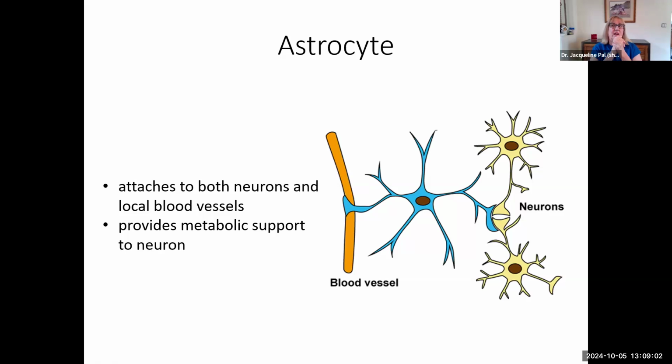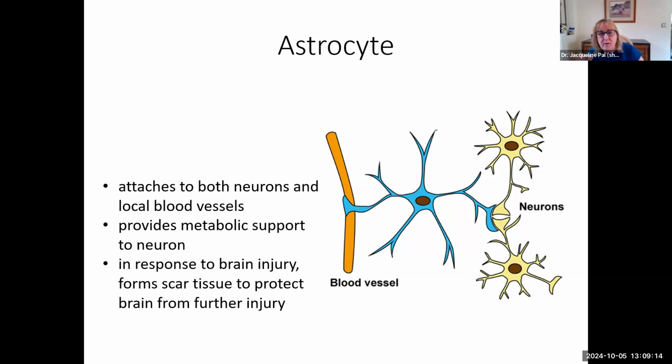Now, astrocytes also do something else. If there is inflammation or any kind of infection or any kind of injury going to neurons or any area of the brain, they will actually form scar tissue to sort of wall off that area of brain injury to protect the rest of the brain from further injury.